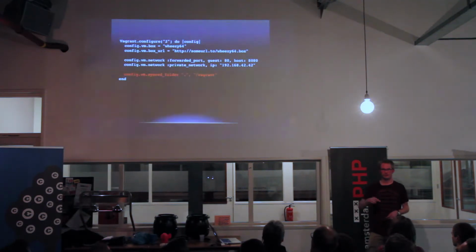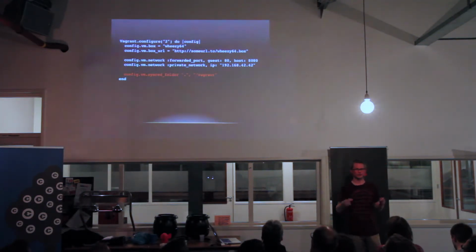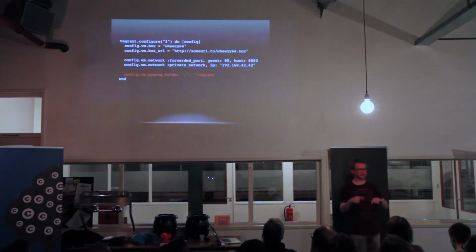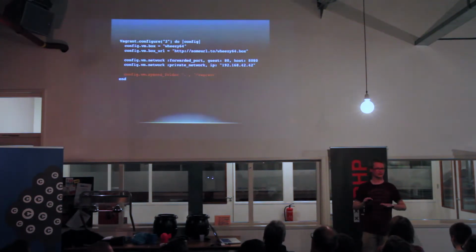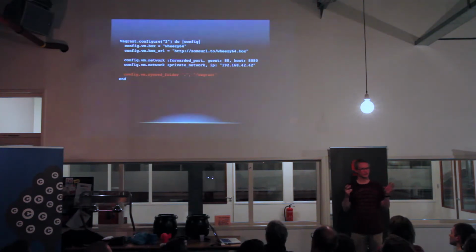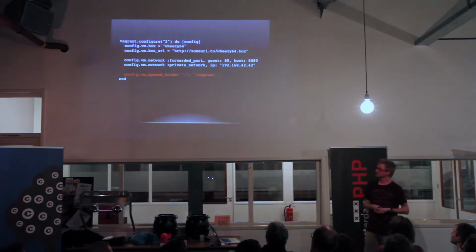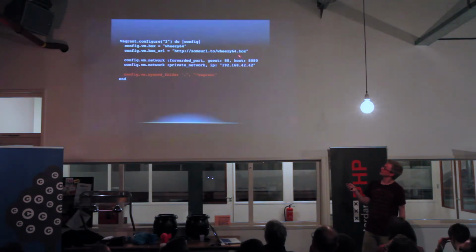onto the virtual machine. So you have your code on your local machine, which you can access without firing up any virtual machine or whatever. You can just access your code using your IDE or whatever you use to do that. And when you want to test it, you go to the virtual machine.